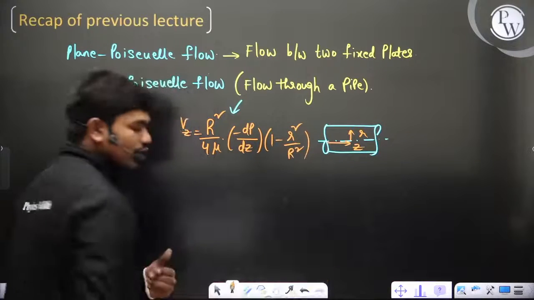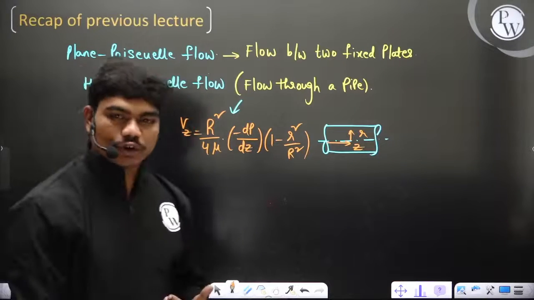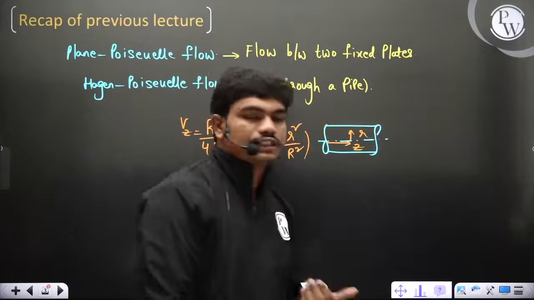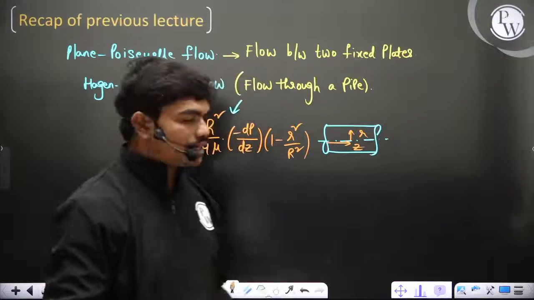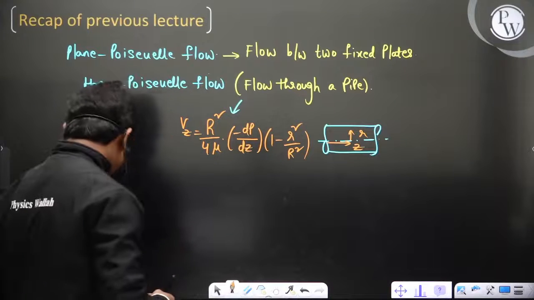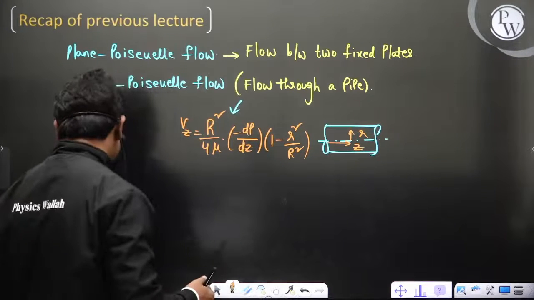So we have seen what is the velocity variation, shear stress variation, and how we can calculate discharge. Good morning Anjit. So we have seen certain things actually in this case, and we have solved certain problems as well in the last lecture.